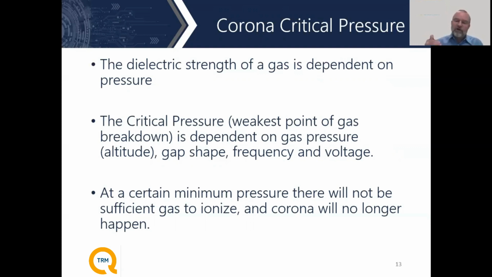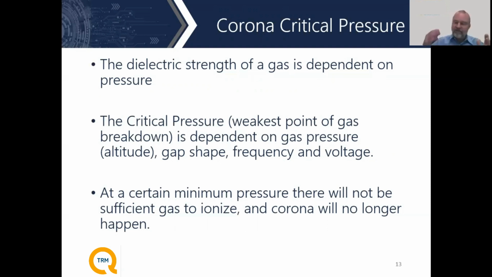The pressure of the gas has a direct effect on how effective the dielectric strength is. As you decrease the gas pressure, the dielectric strength becomes less. And as you go higher and higher in altitude, the pressure drops, and there is a point where the breakdown voltage reaches its minimum. We call that the critical pressure.